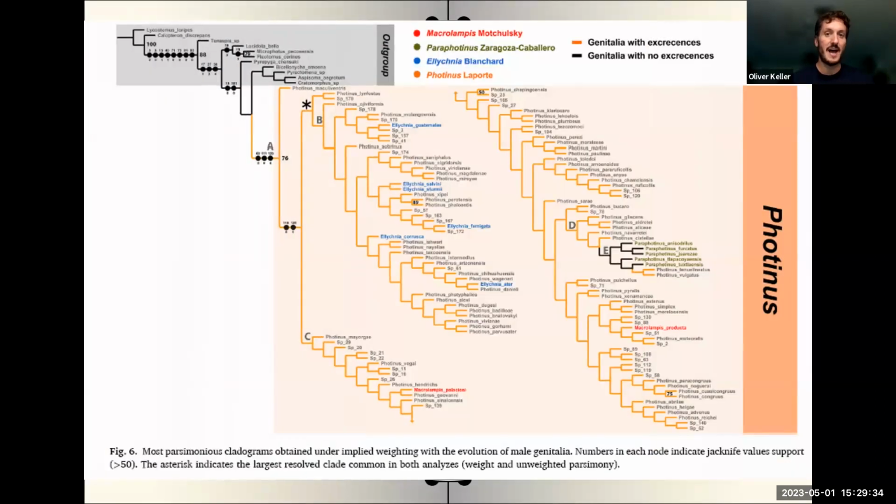And here is the phylogeny from the paper, and everything that's in blue, the blue names on the phylogeny, are Ilichnia species. The black, like bluish ones, are Photinus, and you can see that Ilichnia comes out in very different spots.